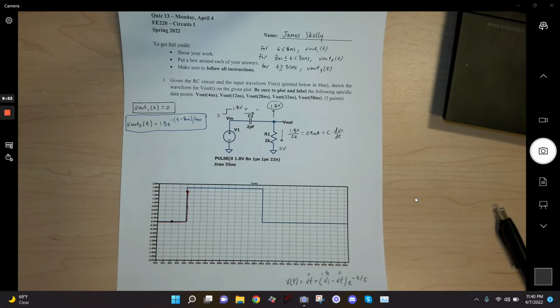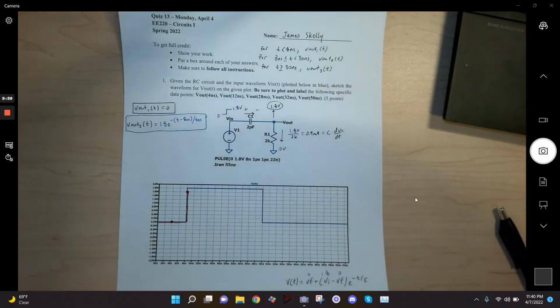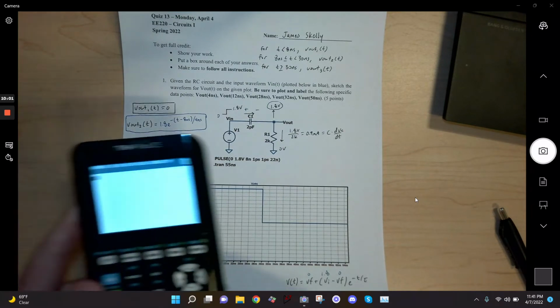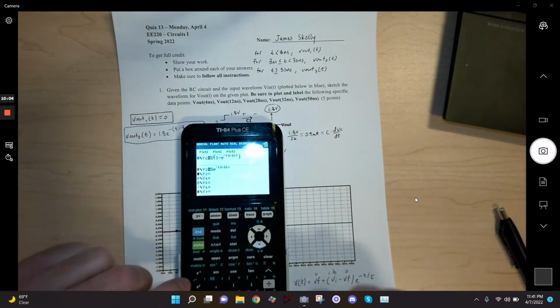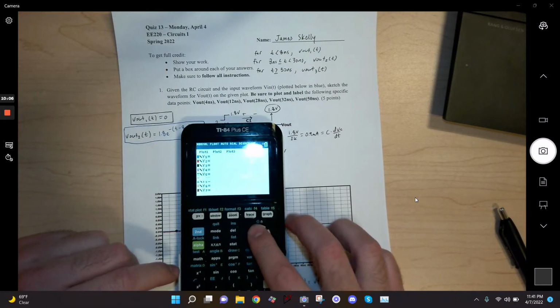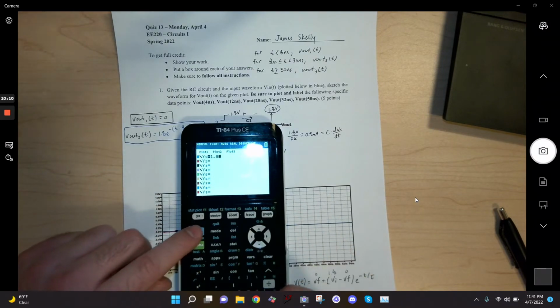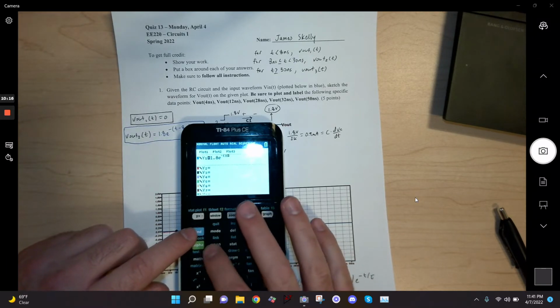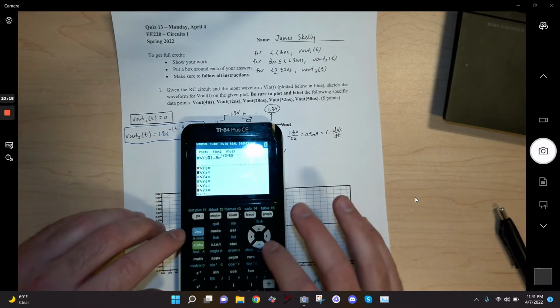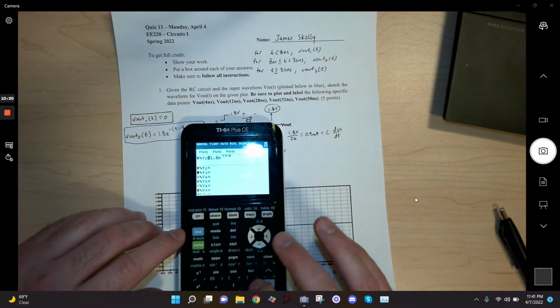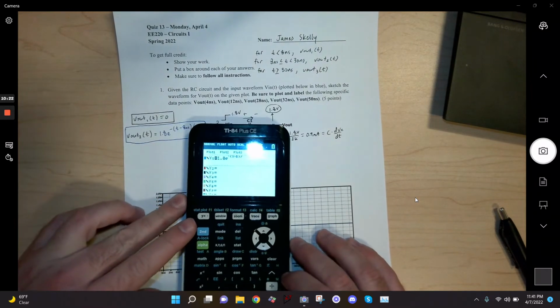Alright, I'm back. Here's my calculator. So I'm going to put this equation into my calculator: 1.8 times e to the minus, I'm going to use the variable x, minus 8, divided by 4.